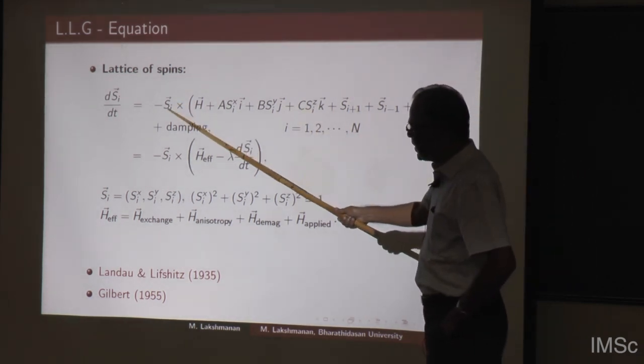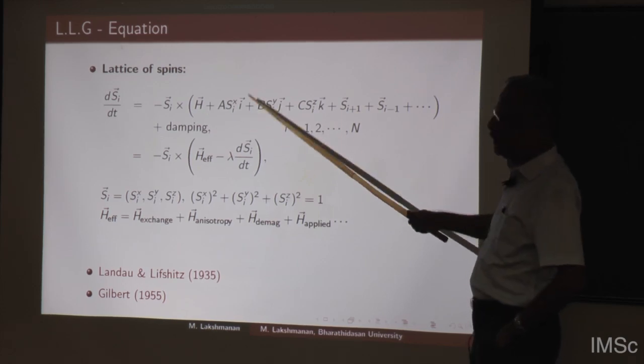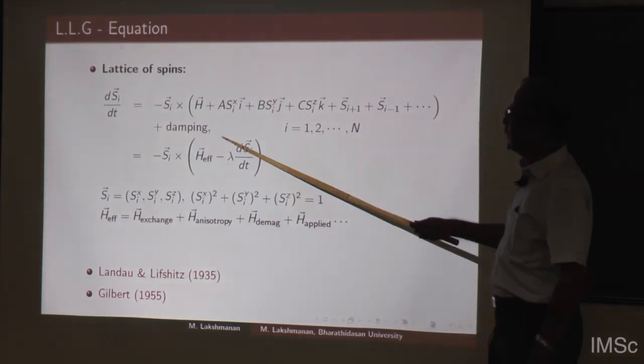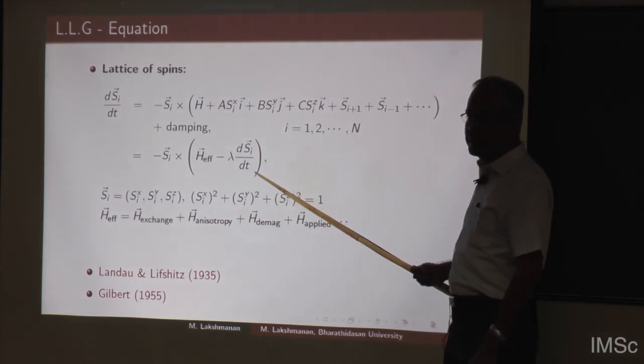So you have S cross this field, which I will call the effective field acting on the system, plus the damping term, Si cross lambda dSi/dt.